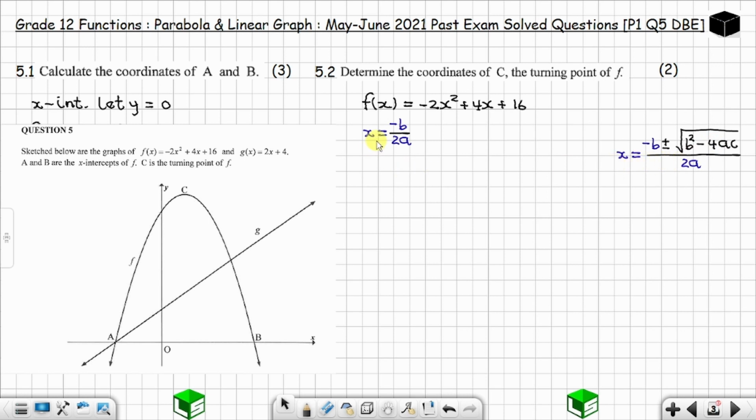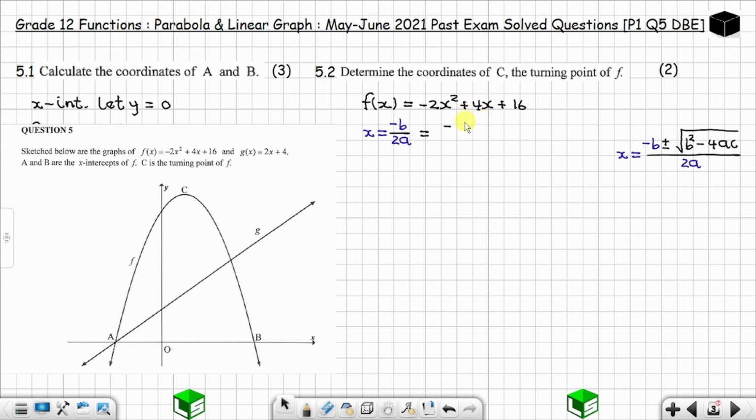Okay, to get the x coordinate of the turning point, you pull out this negative b over 2a, when the question is arranged in this order, from the highest power, followed by this, and then the constant. So you have your a, b, and c, just like in alphabetical order. So x is equal to negative b over 2a, which is equal to negative, what is your b?